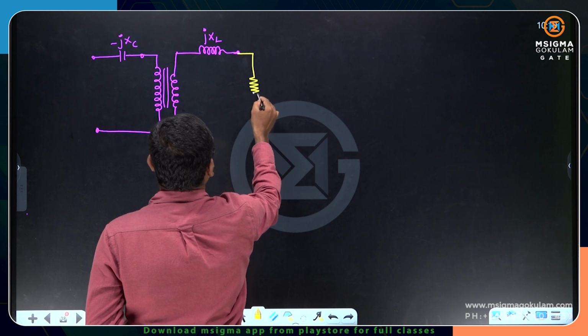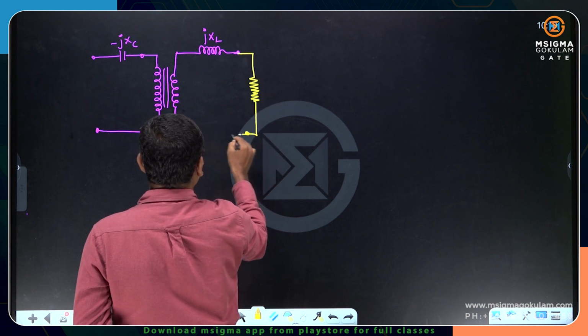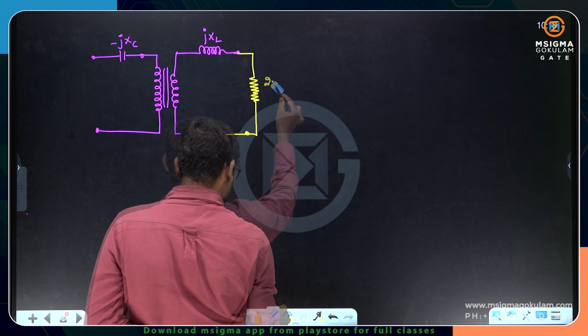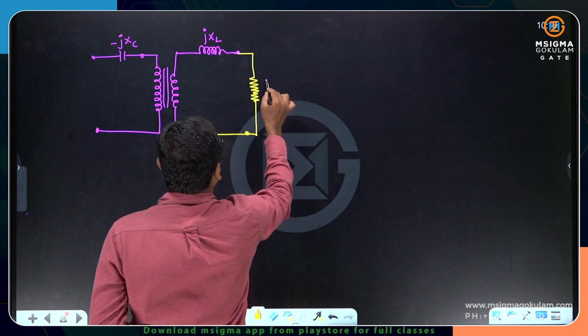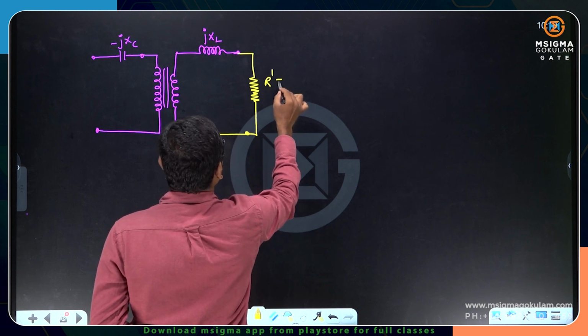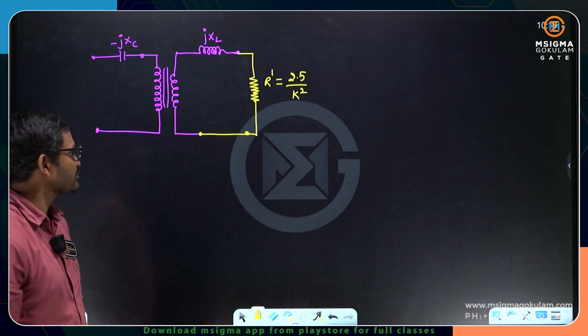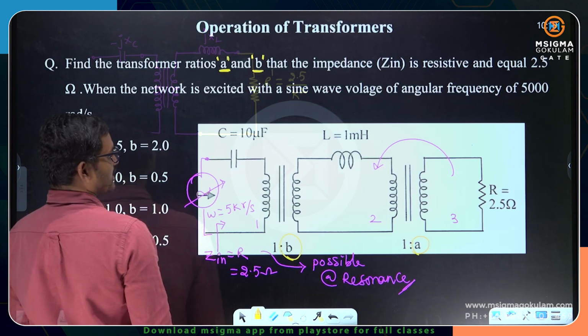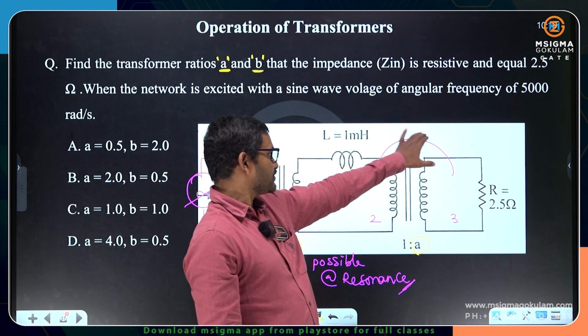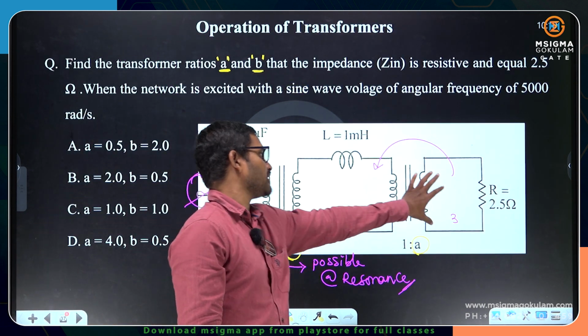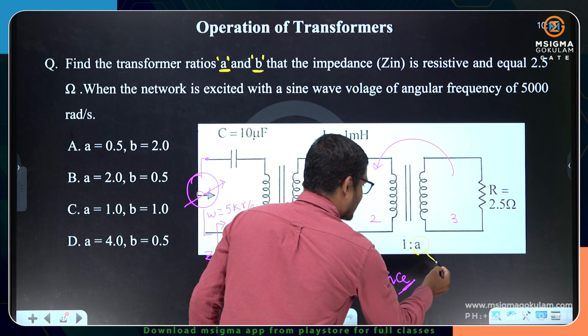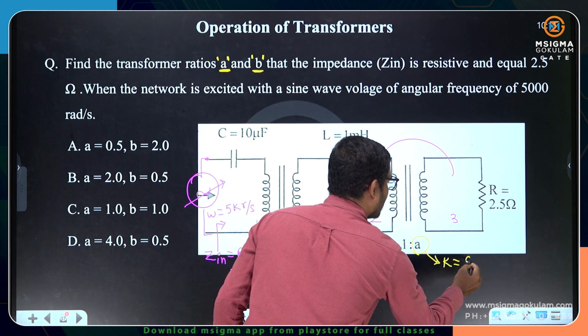So it is going to be 2.5 divided by K, and if it is R it will become R dash, so 2.5 by K square. Can you tell me what is K? Here, if you transfer the third part into the second part, the K is A by 1.